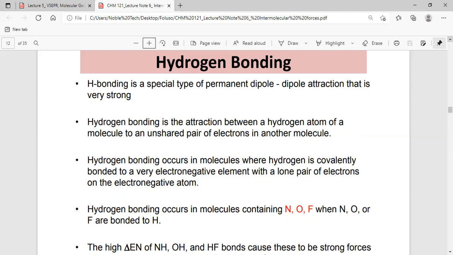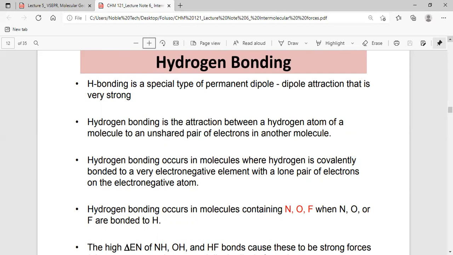It is a special type of permanent dipole-dipole moment that is very strong, and that is the reason why we use the word bonding for it. It's an intermolecular force of attraction, but the word bonding is used because of the strength that it possesses.